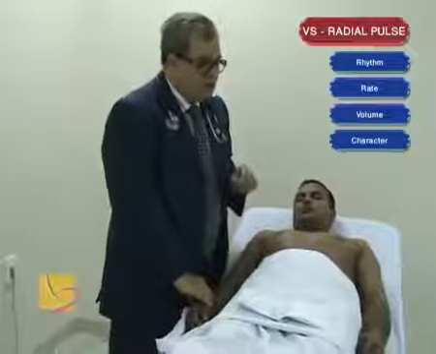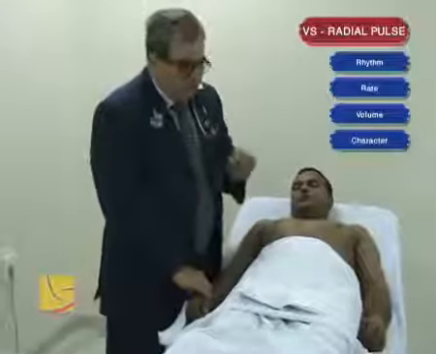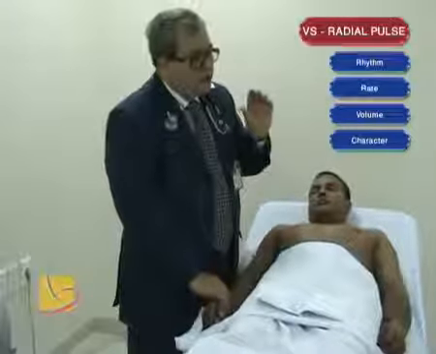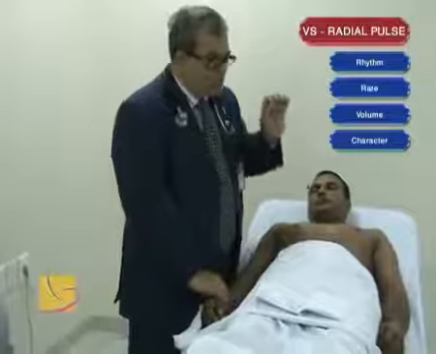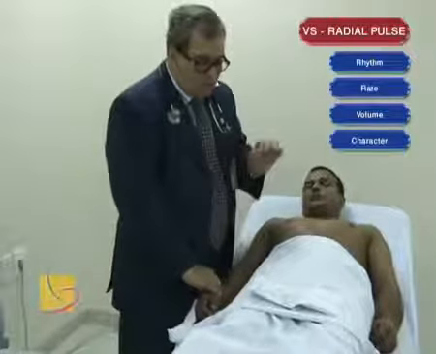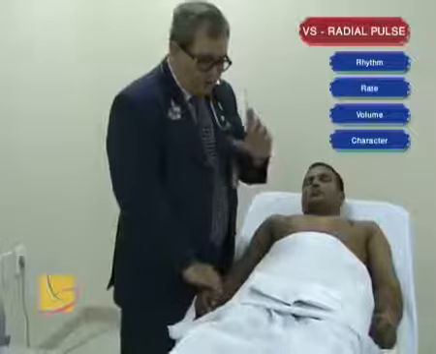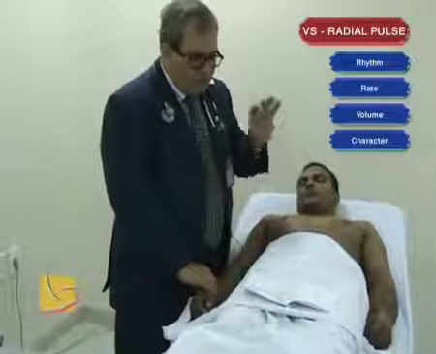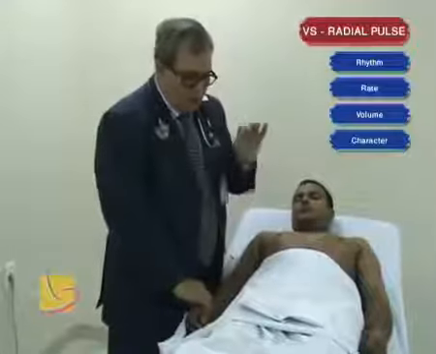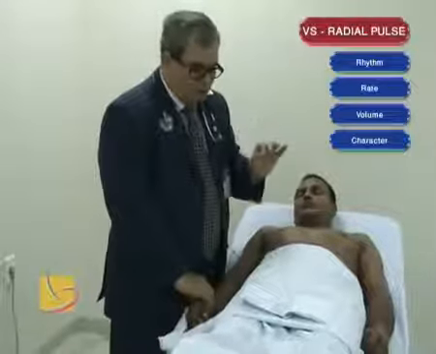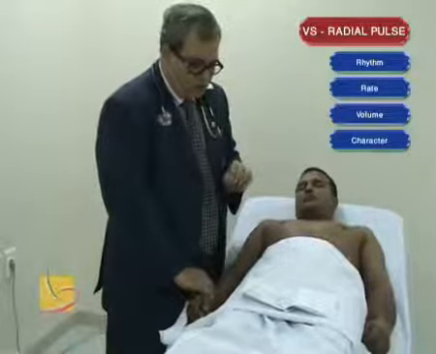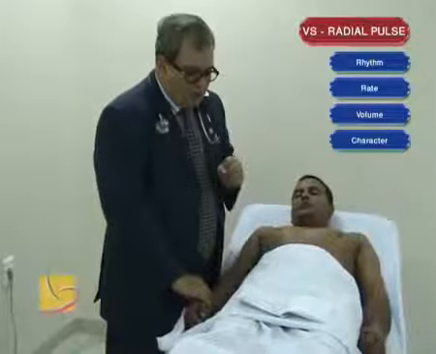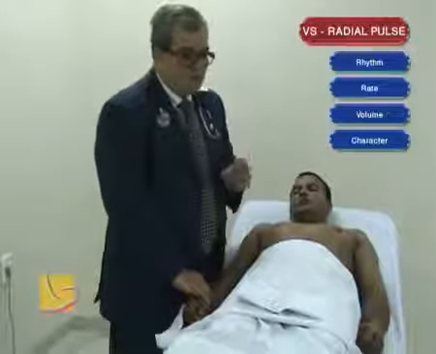In slow rising pulse, there will be low pulse volume, i.e. there will also be narrow pulse pressure when we measure the blood pressure of this patient, i.e. the difference between systolic pressure and diastolic pressure will be small because of low systolic blood pressure due to aortic stenosis.